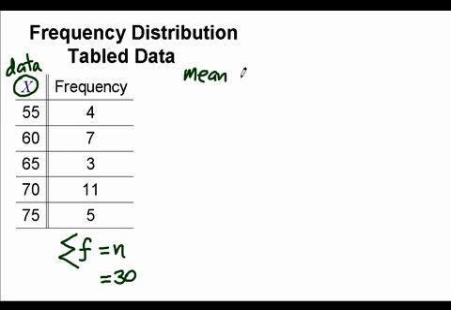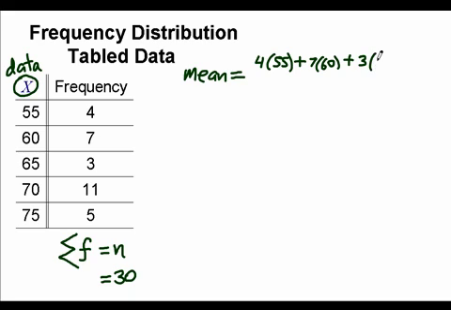So in this case, the mean is going to get divided by 30. So we have to think of it this way. There are 4 55s, so you'd have 55 plus 55 plus 55 plus 55. An easier way of doing that, of course, is 4 times 55. And then we're going to add on to that, there's going to be 7 60s. So 7 times 60. And then 3 times 65.